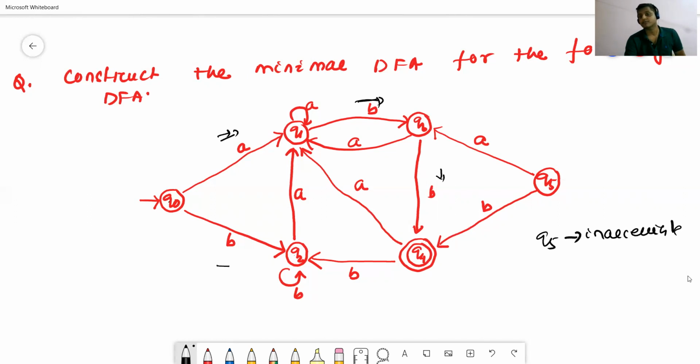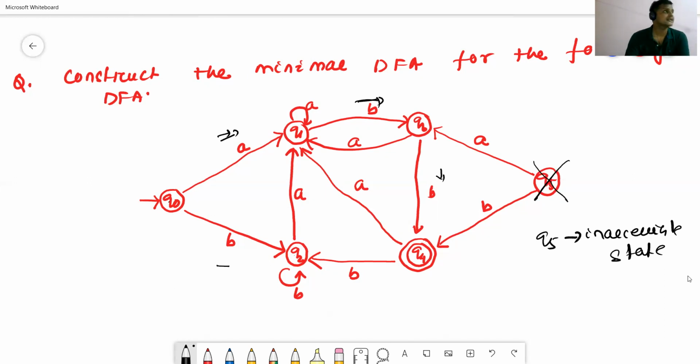Since Q5 is an inaccessible state, we'll remove Q5. Hope all of you understand the meaning of an inaccessible state. Again, inaccessible states are those not reachable from the initial state.